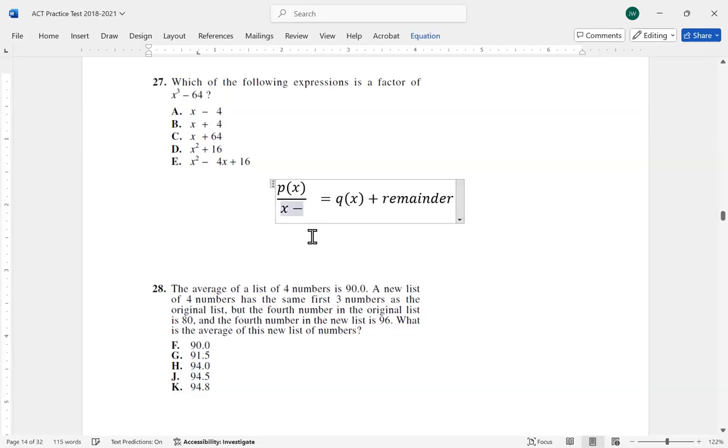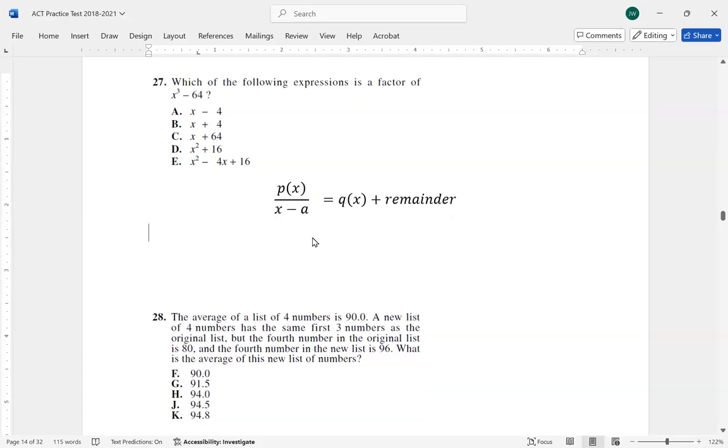Let's say x minus some number a. Then I'm going to get a quotient plus a remainder. And it turns out that the remainder is going to be the same thing you get when you plug that a into the polynomial.